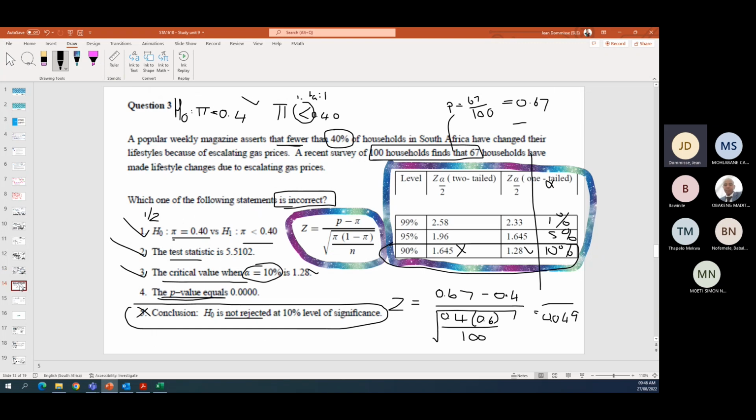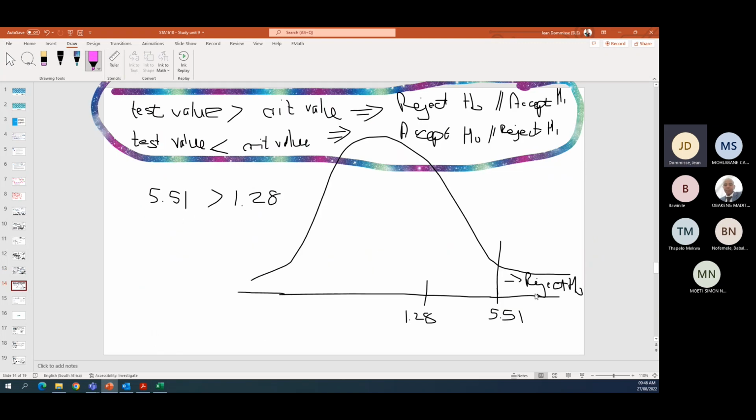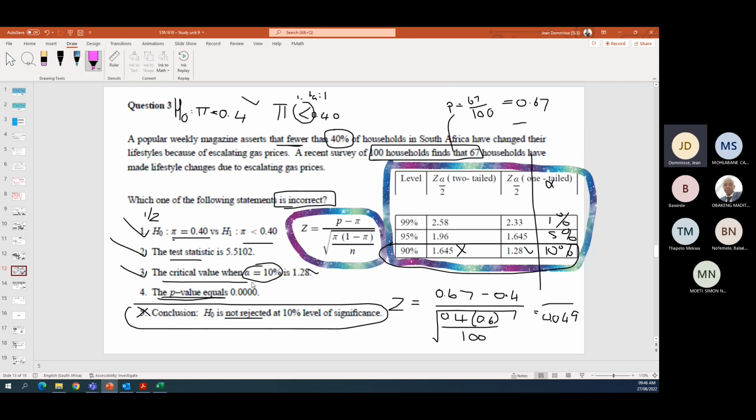So this small area, I've now made it look very big, but this is really going to be so small. You can check on a Z calculator online that your p-value is going to be so small. So that's why your p-value equals 0.0000, and it's only nearly on the 6th or 7th zero that there will be a 1.